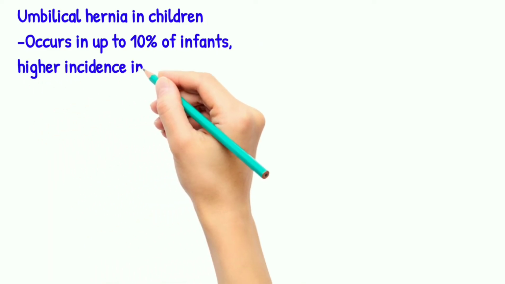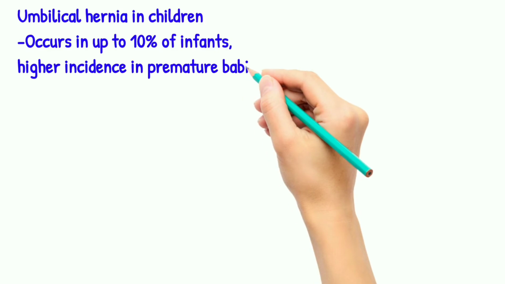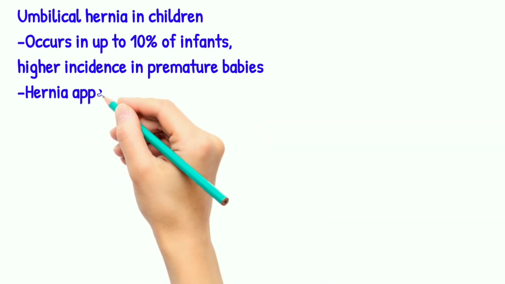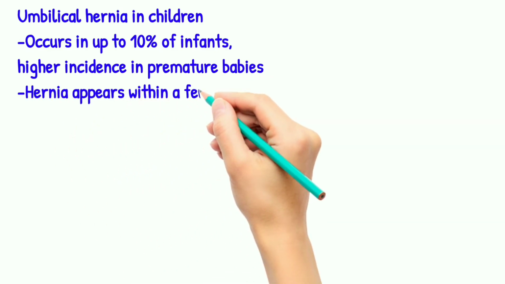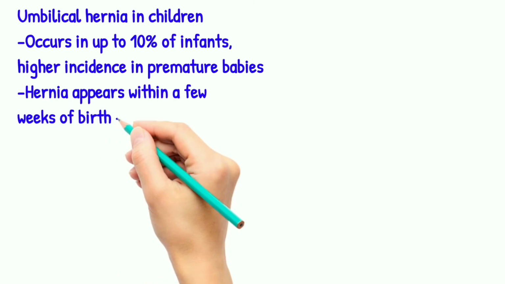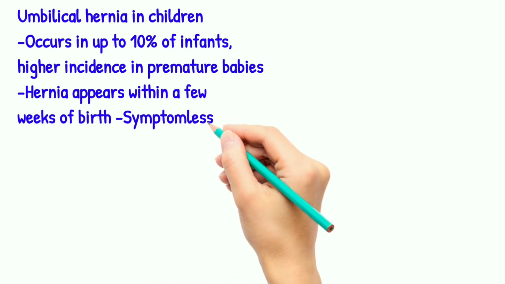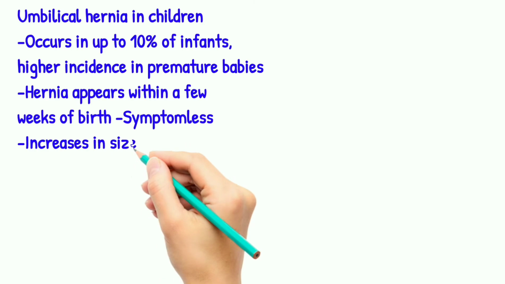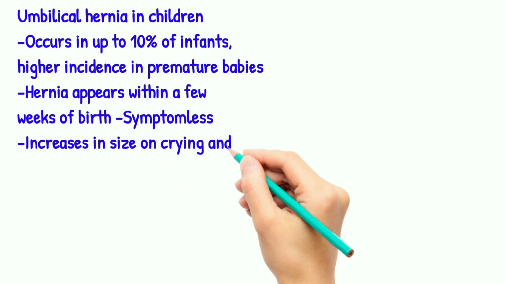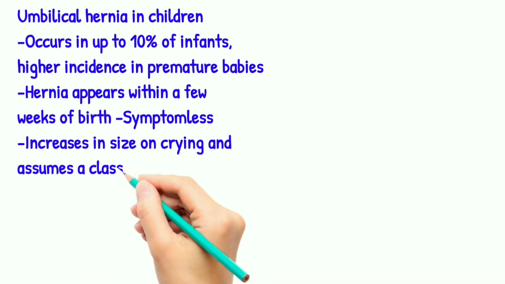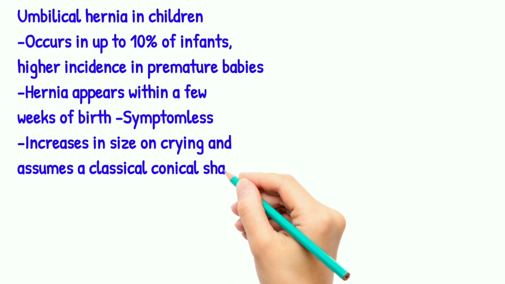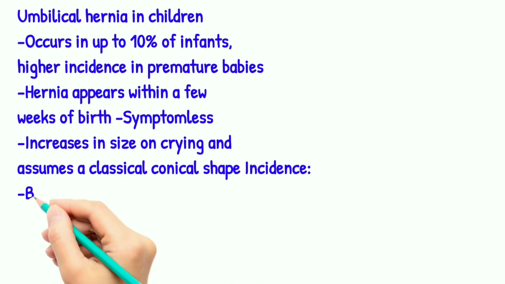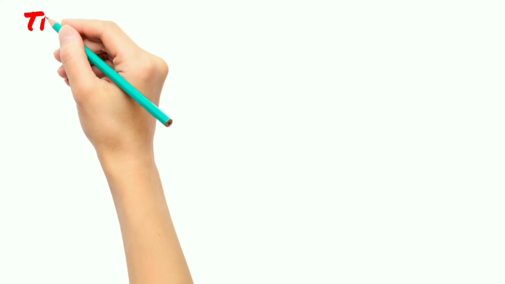It occurs in up to 10% of infants, with a higher incidence in premature babies. The hernia appears within a few weeks of birth and is symptomless, and it increases in size on crying and assumes a classical conical shape.